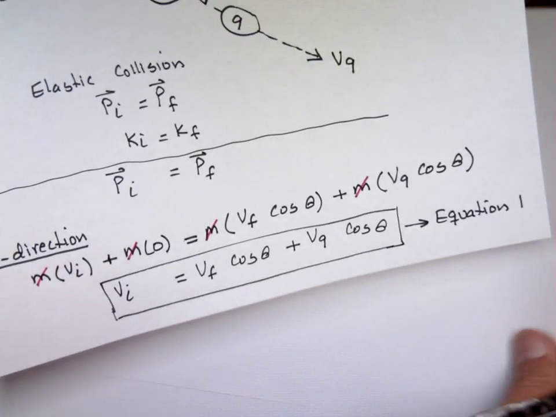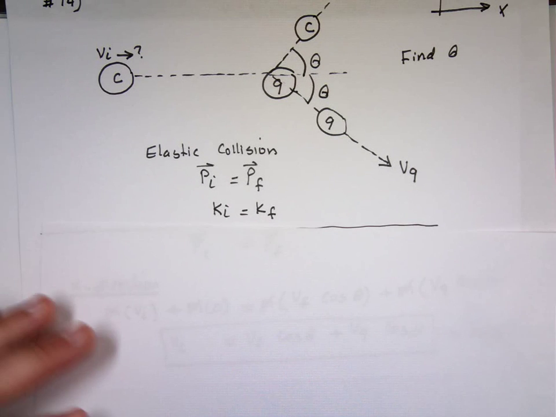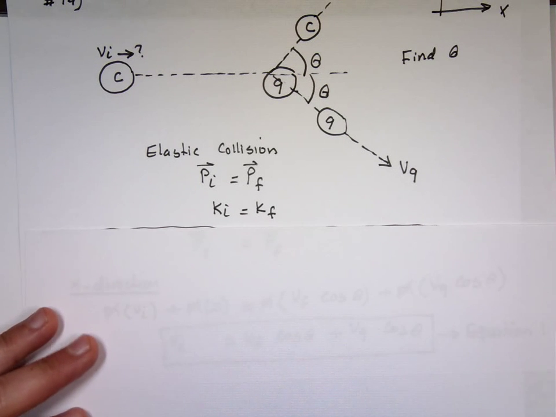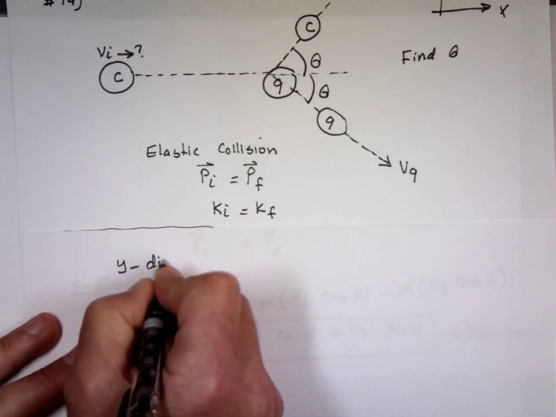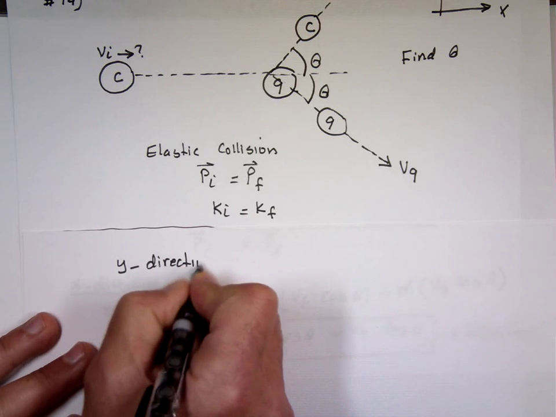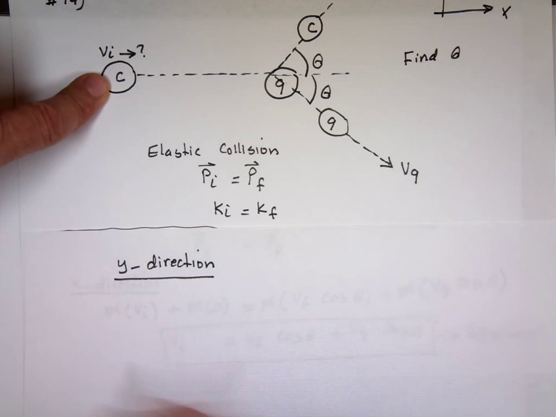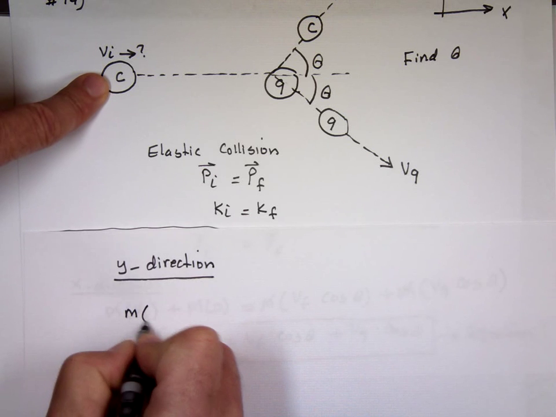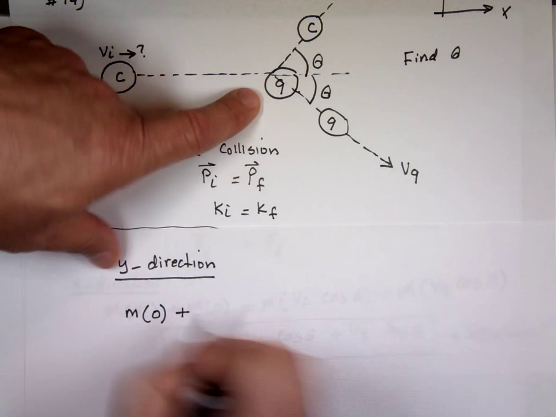Let's do the y direction. In the y direction, this has a linear momentum, the mass m times the velocity, which is 0. This has a mass m times the velocity in the y direction.